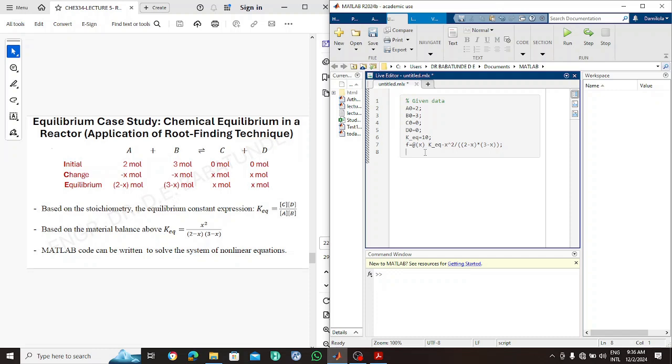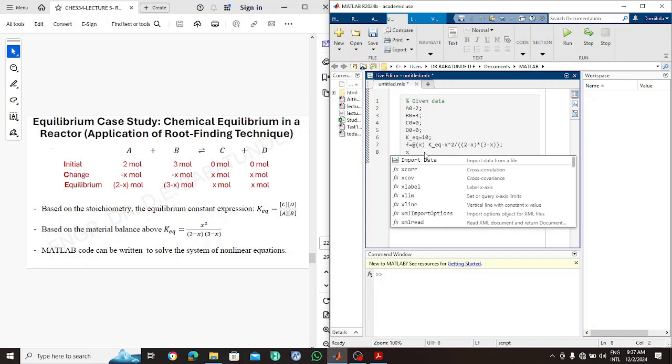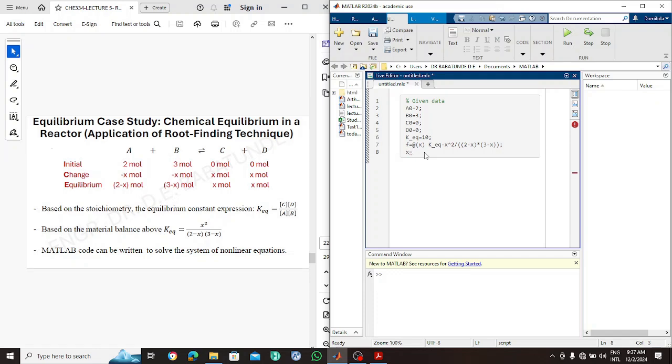So I can say that the root to that problem, which is x equilibrium, or simply x, is equal to fzero. If you had used x underscore equilibrium in the equation, then we could have used x equilibrium. But since we tie the function to x, we will use x for it to work.